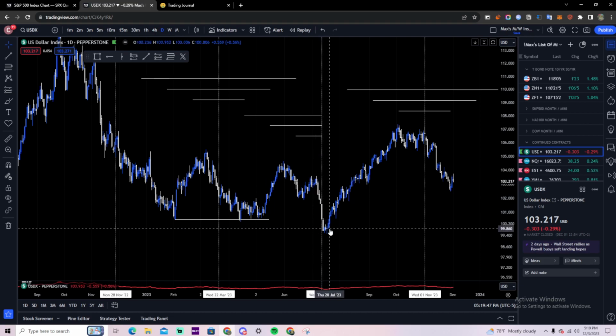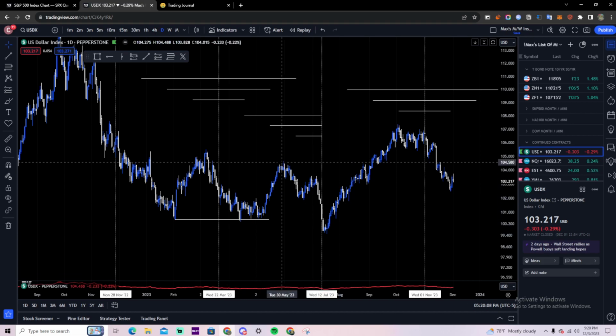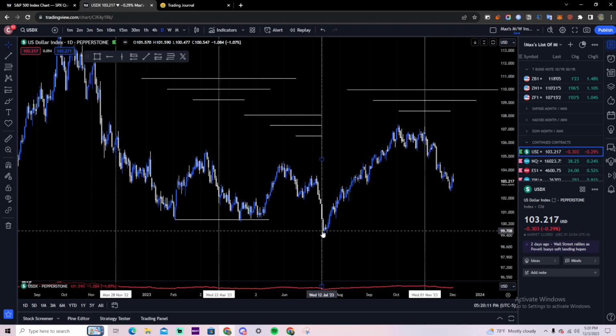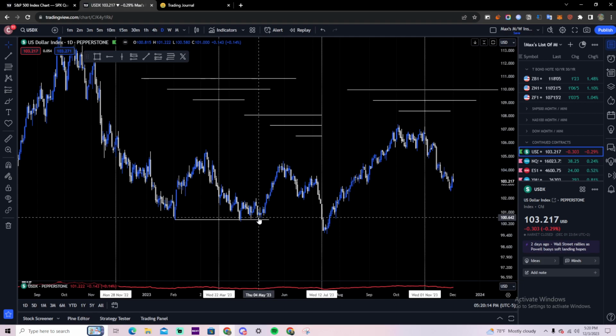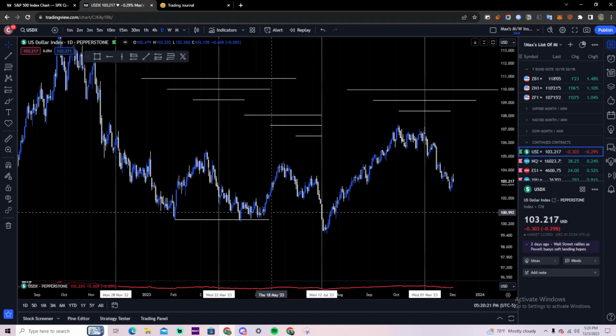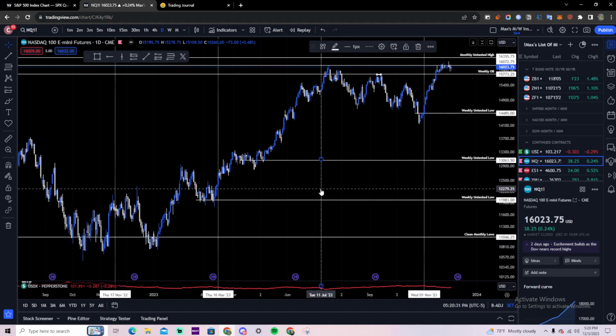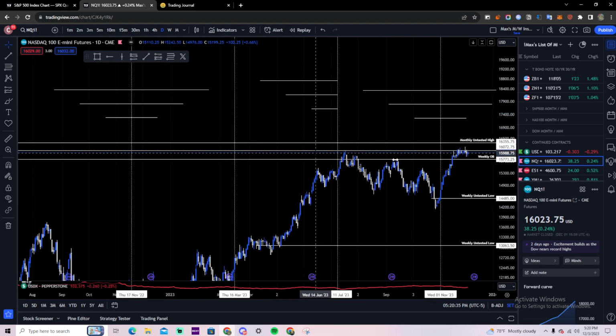So on US dollar, prior to July, the last 40 days, we have a low and a lower low form on the US dollar. Here's July, past 40 days.